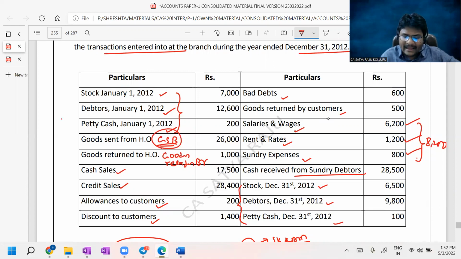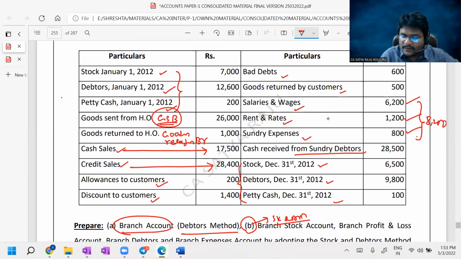Now, branch has cash sales of 17,500. Branch has credit sales of 28,400. That means the sales itself is 17,500 cash sales, which was already there in the form of cash, and credit sales in the form of 28,400. Am I right? Now, out of this credit sales, how much cash did they actually collect from the debtors?